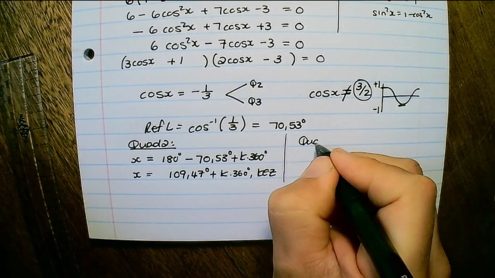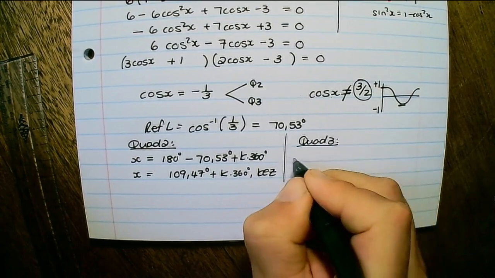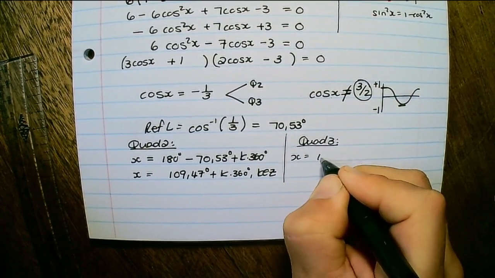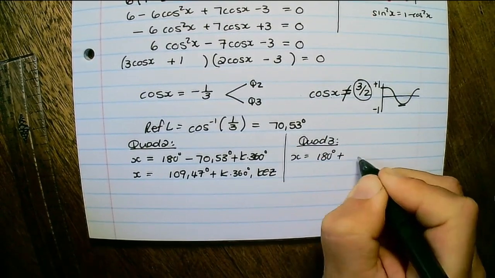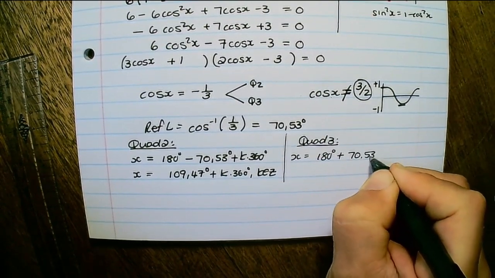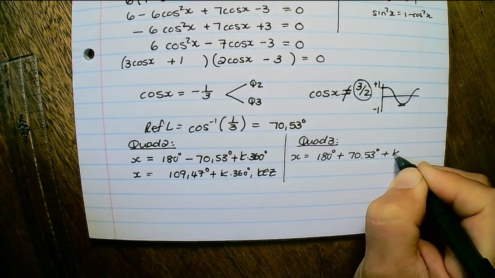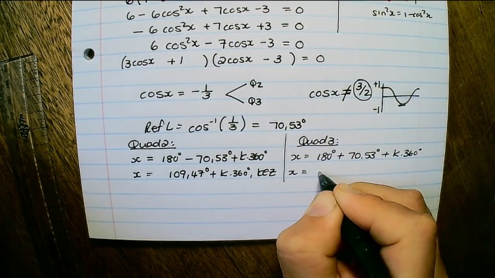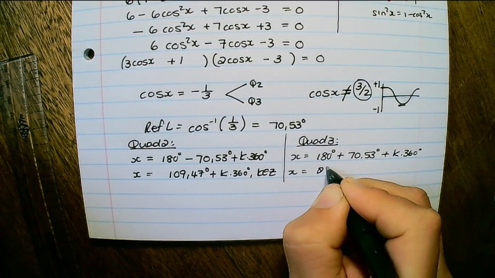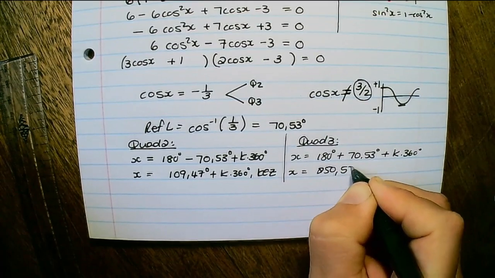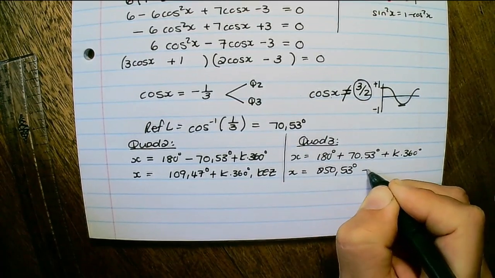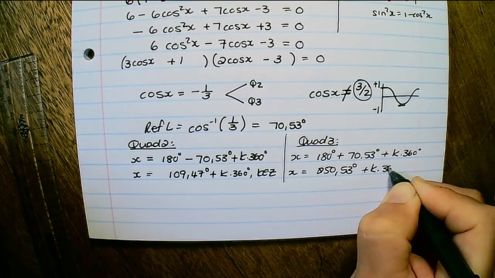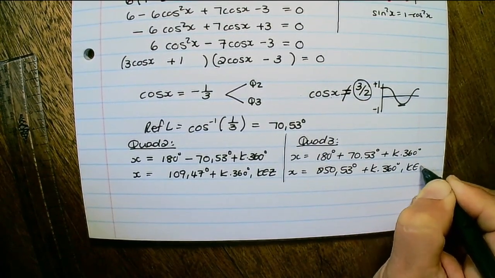And for quadrant 3, we have x is equal to 180 degrees plus 70.53 degrees plus k times 360. Therefore, x is equal to 250.53 degrees plus k times 360, and there is a restriction on k.